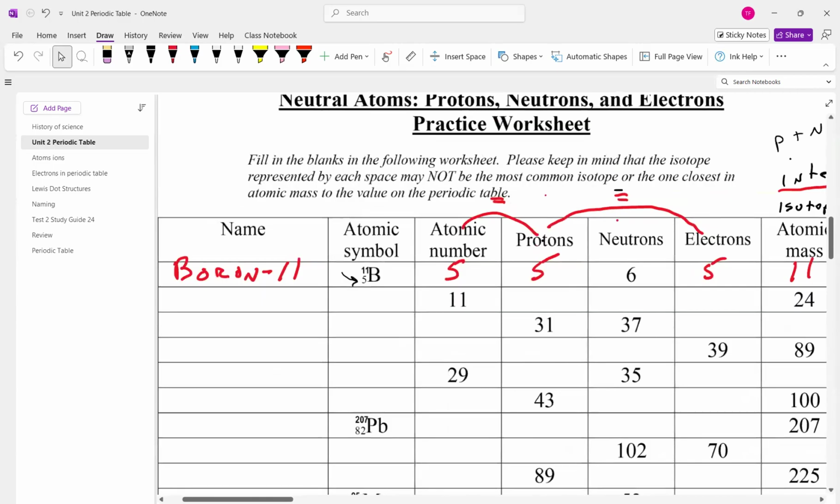Let's do this one here. 29. Okay, 29 is copper up there.